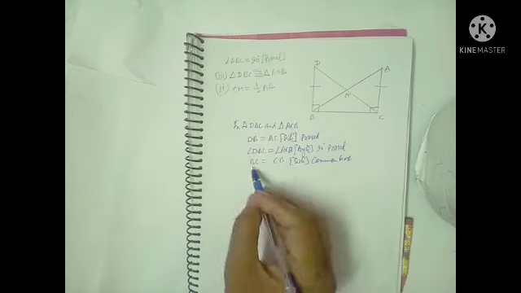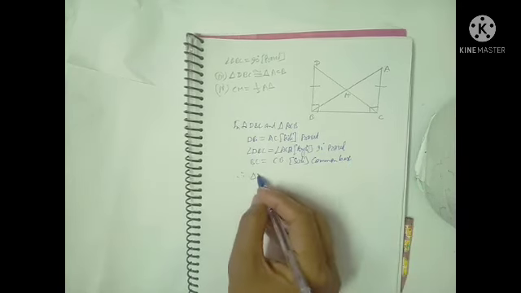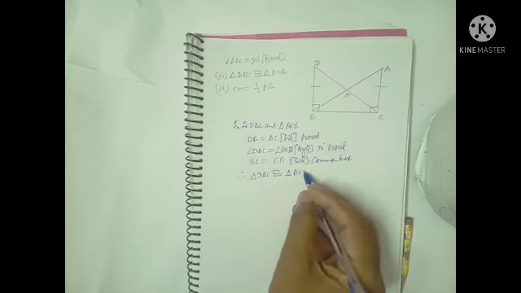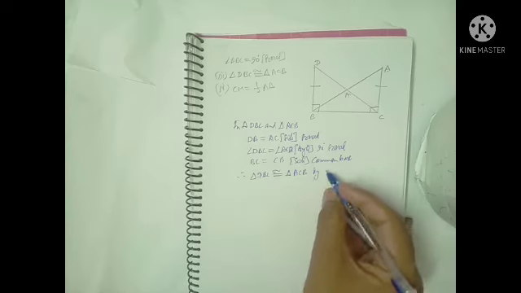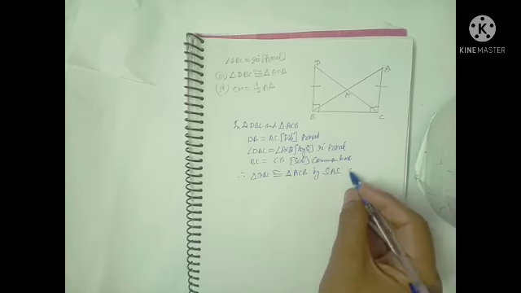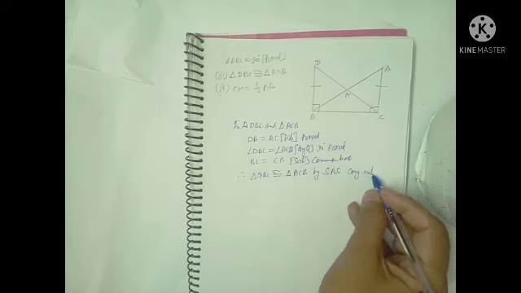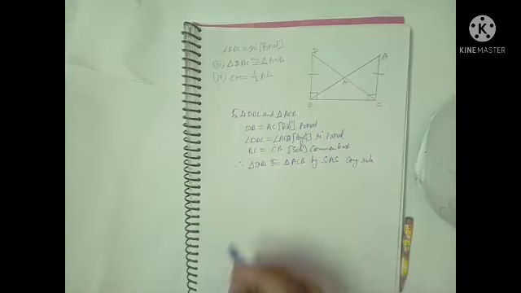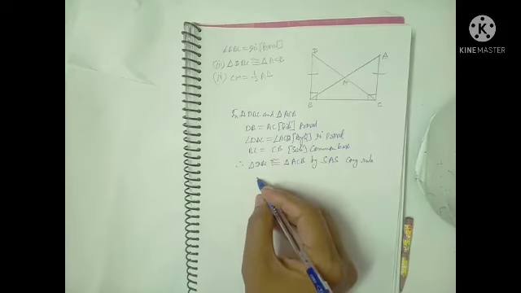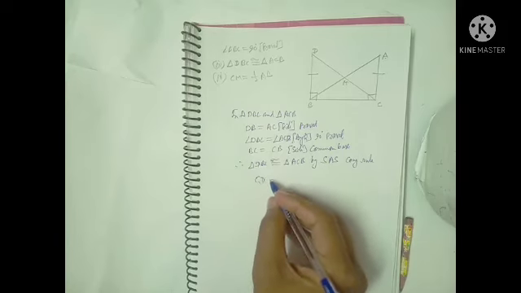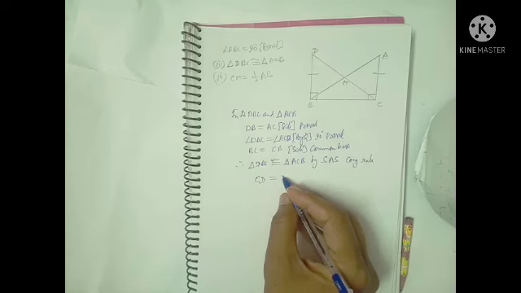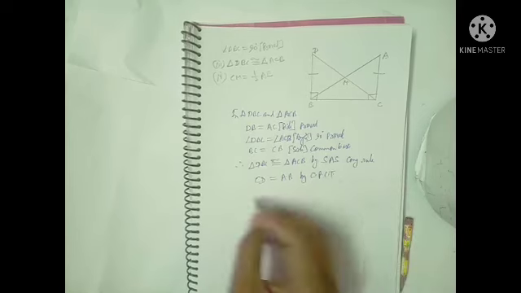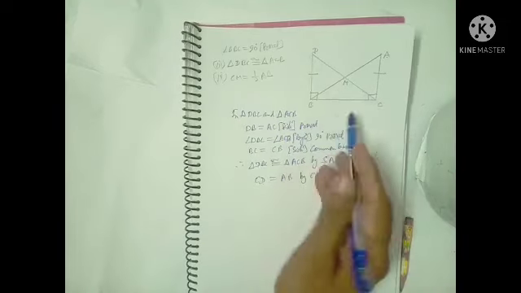So now we can say triangle DBC is congruent to triangle ACB by the SAS congruence rule. Now it's very easy. Therefore you can say CD is equal to AB by CPCT, both triangles.